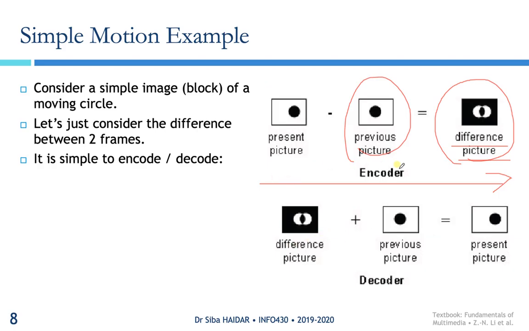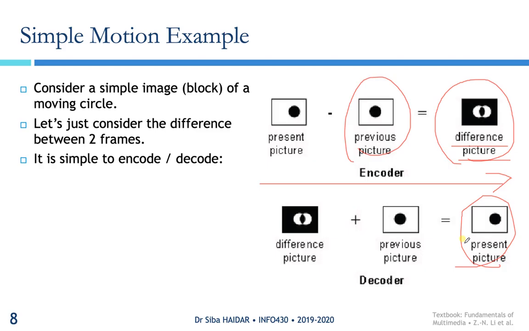So in encoding, you do the difference, and in decoding, you have the previous picture, which you obtained somehow because this is recursive, and then you have the difference picture, so you can decode easily and obtain the present picture and render it on the screen.